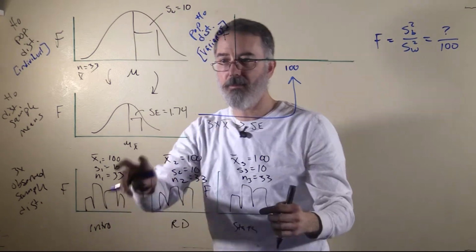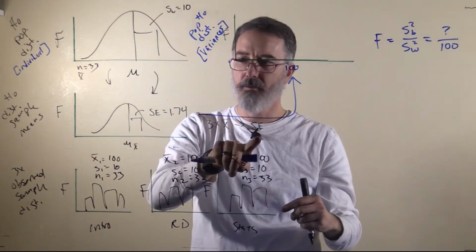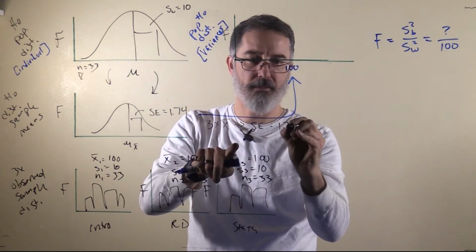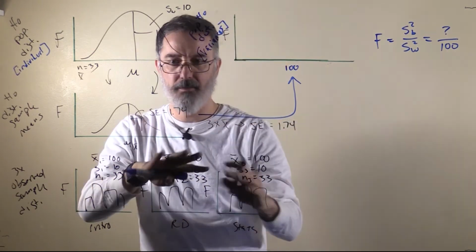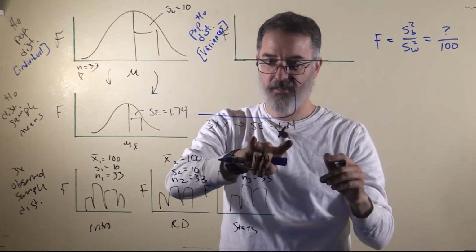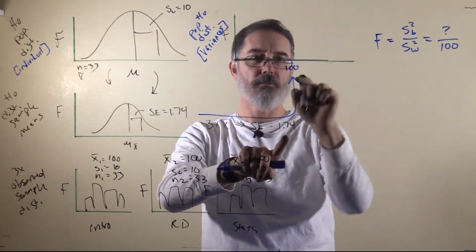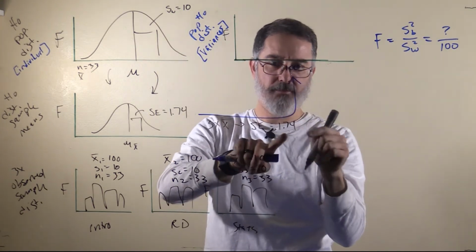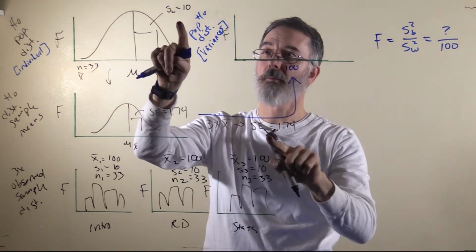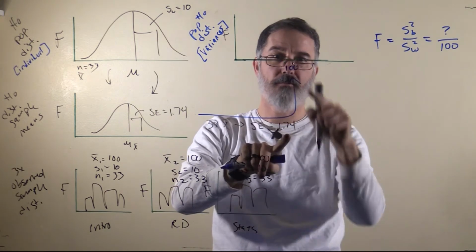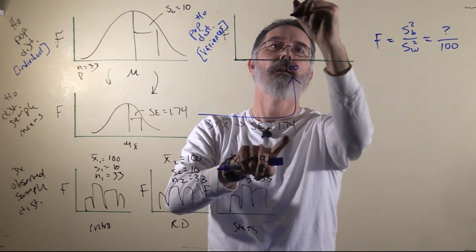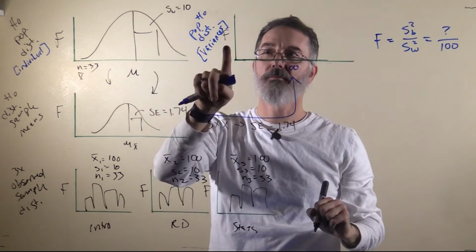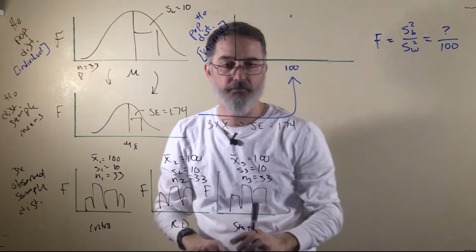Sometimes you'll get three sample means whose standard error equals 1.74. That'd probably be the most common occurrence, and translating that from a standard error to a population variance, 1.74 would be right at 100. So that's going to be the most common frequency of the variances that we would expect.